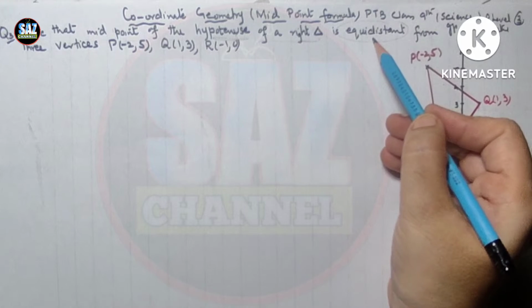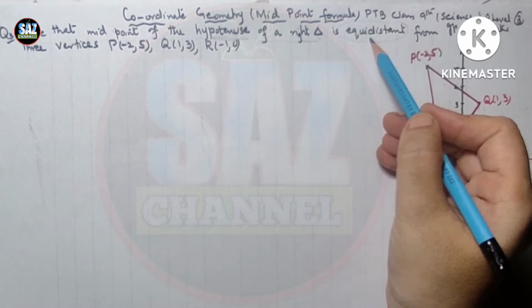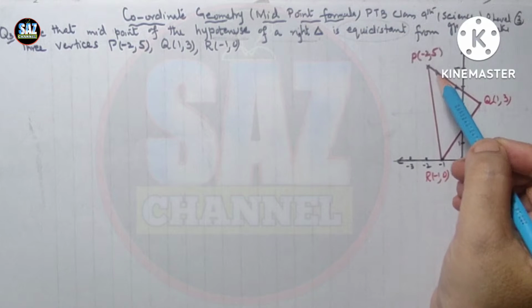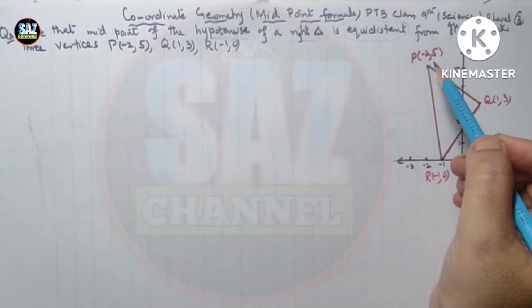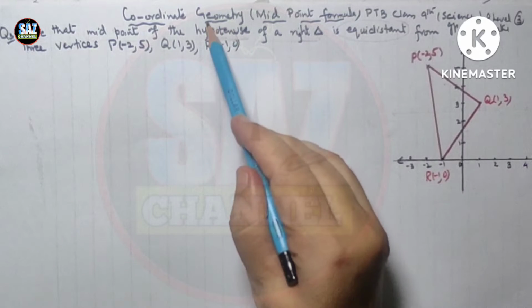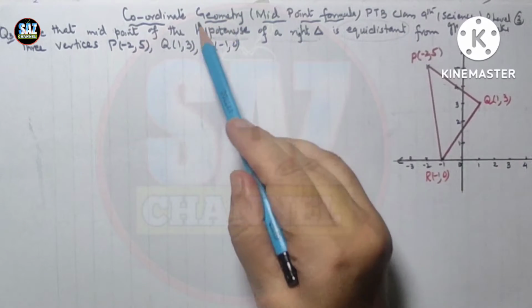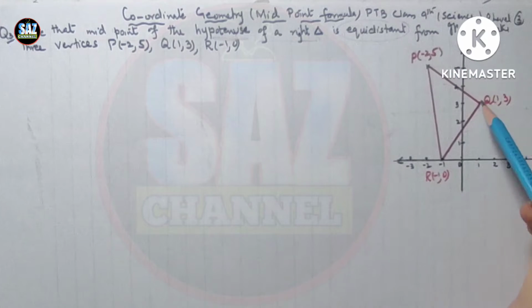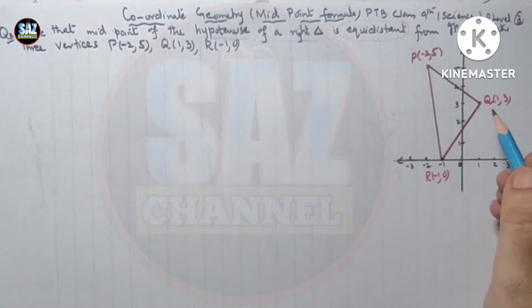Now there are three concepts that we need to understand. First of all, we need to understand which side is the hypotenuse among PQ, QR, and RP. Recall, students, what tells us about the hypotenuse and in what type of triangle we will have the hypotenuse. We need to prove this triangle is a right angle triangle, and which technique tells us that?